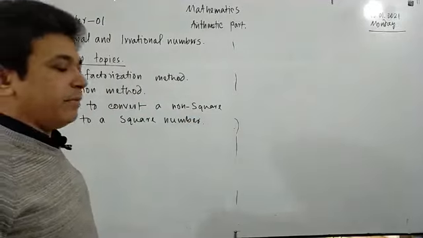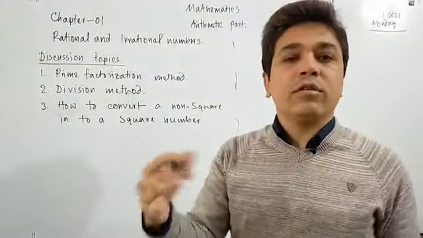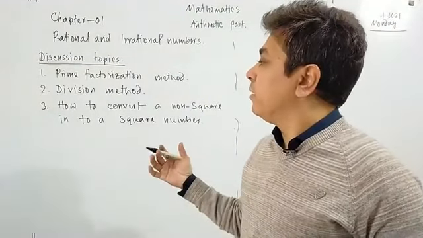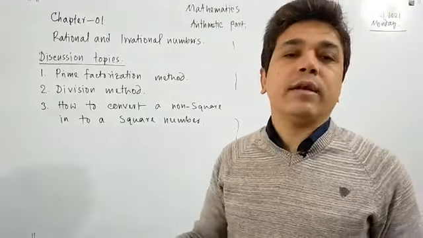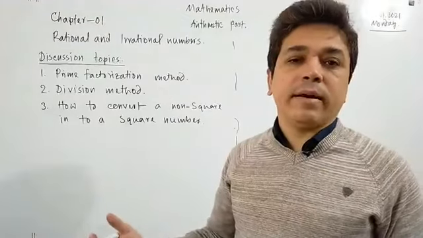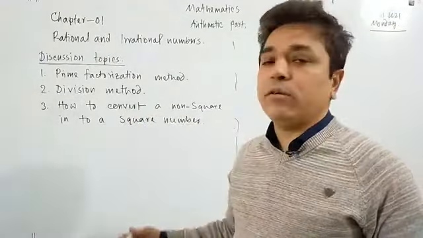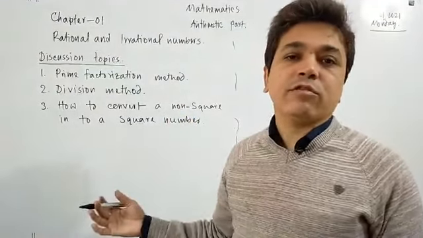We have some materials, we have some methods. If any number is not a square number, we can apply some method, some formula to convert it to a square number. We can add any numbers, we can subtract, we can divide and we can multiply, and we can convert a non-square number. We know which number is not a perfect square number.